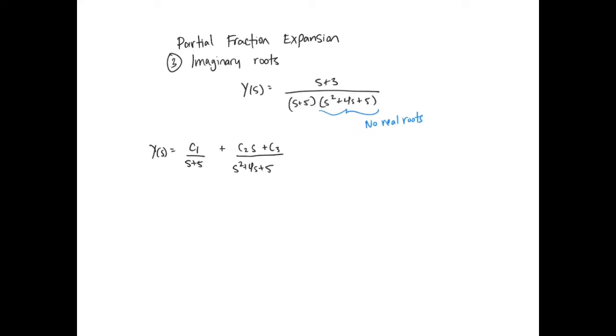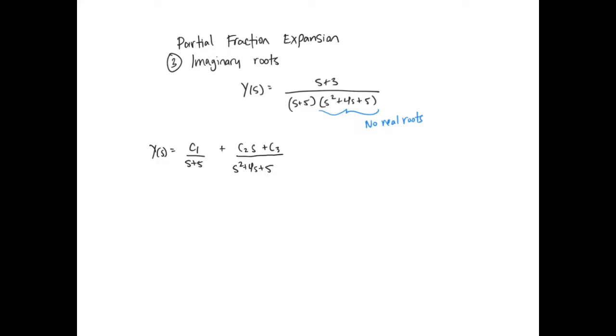And this is really important: we left the numerator here as a first order equation, with a variable s in the top here. So instead of just calling this c2, we called this c2 s, because our denominator here is second order.